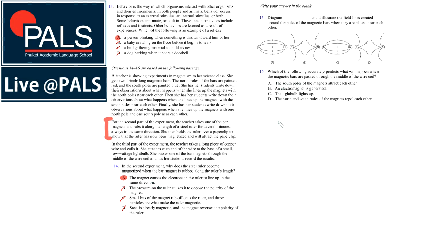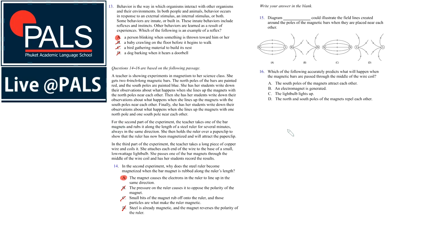So we are looking for the correct diagram, A, B, C, or D. Which diagram could illustrate the field lines created around the poles of the magnetic bars when they are placed near each other? So therefore we need to know two things. This is about experiment 1, although they don't really tell us what happens in experiment 1, we need to know this.